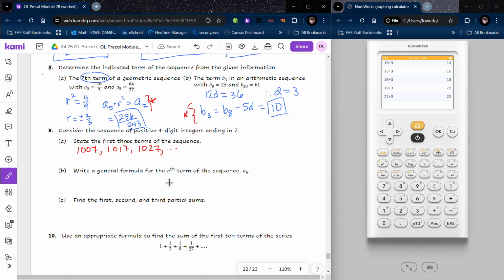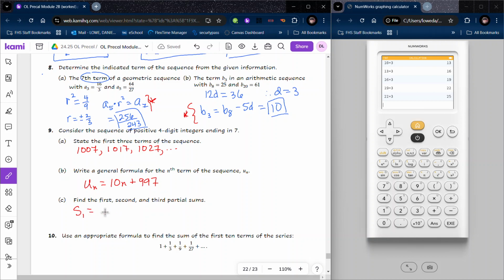I want a general formula for the nth term, u sub n. I could think of a common difference of 10. So I could say that I'm going to have 10n plus 997.